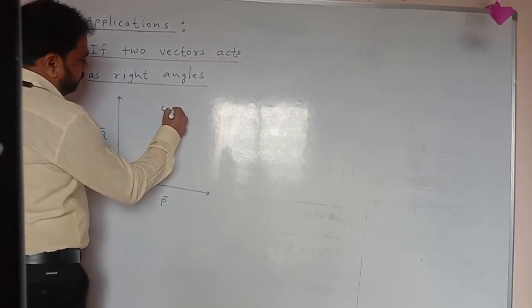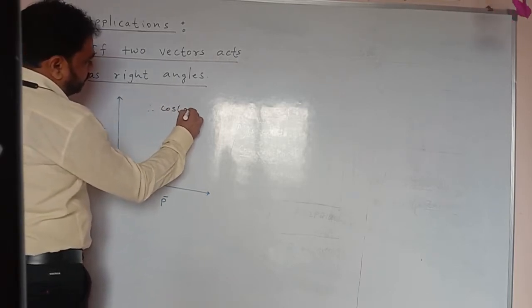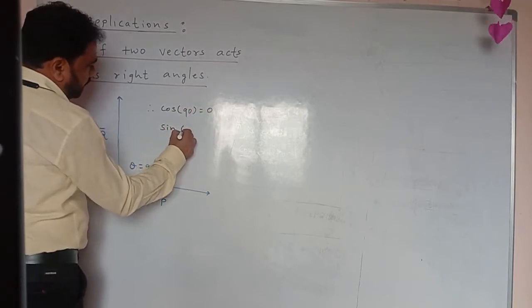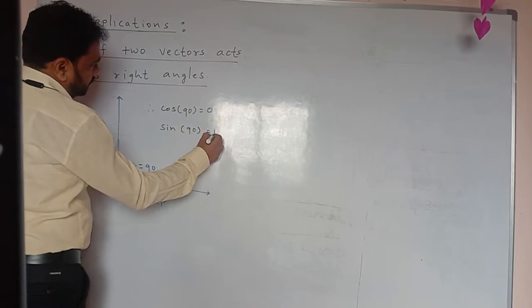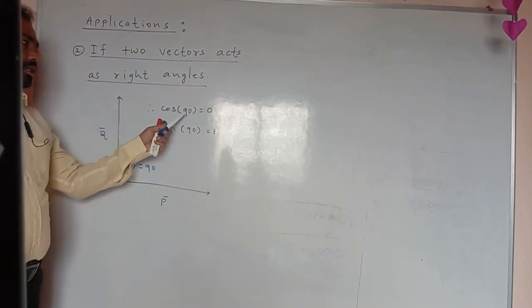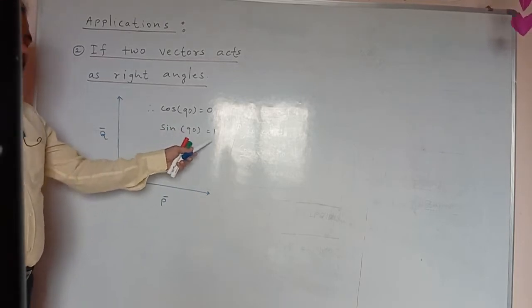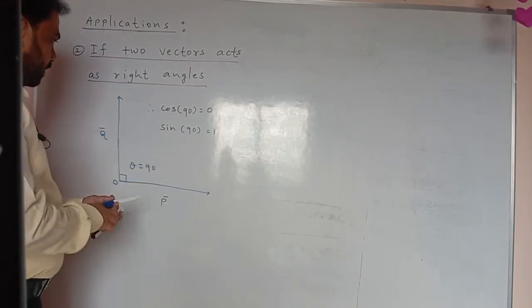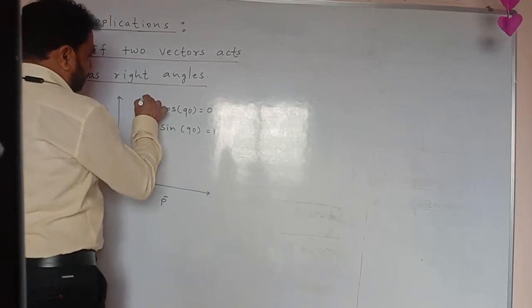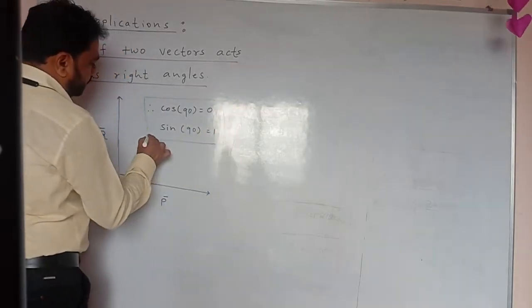The value of cos 90 is equal to 0 and the value of sin 90 is equal to 1. You should remember these values. Cos 90 is always 0 and sin 90 is always 1. So this is about the trigonometry.